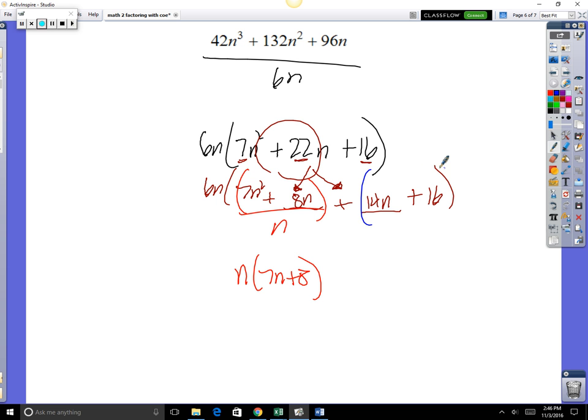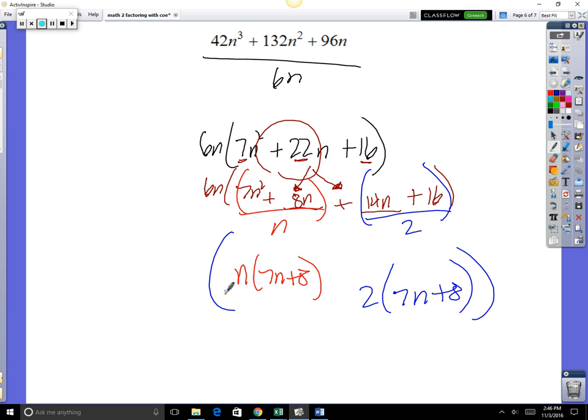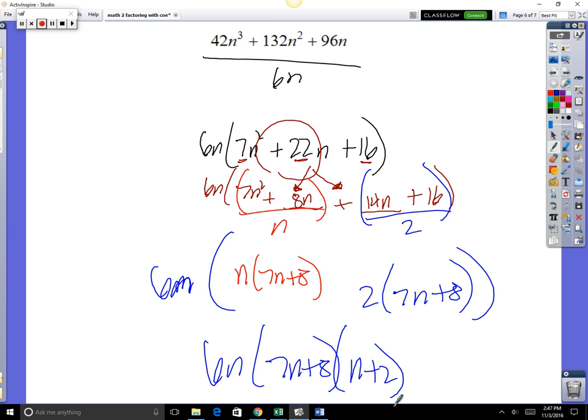I can take out of each just 2, so it's going to be 2 times 7n plus 8. So your final answer is 6n times 7n plus 8 times n plus 2.